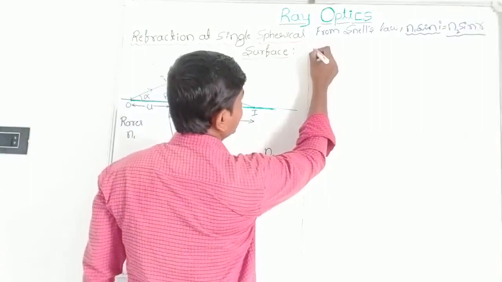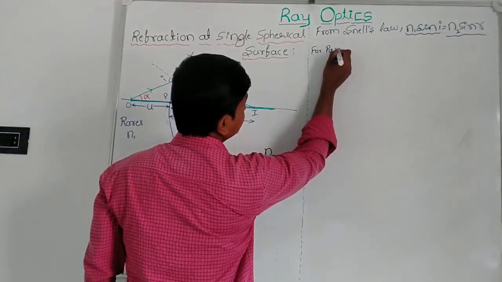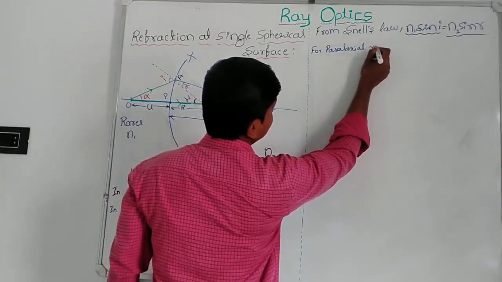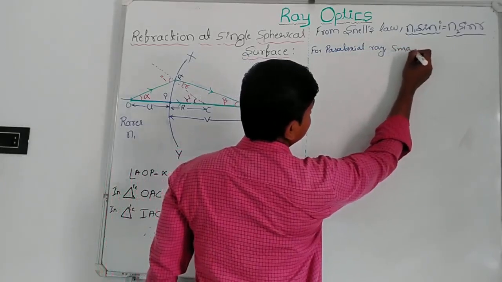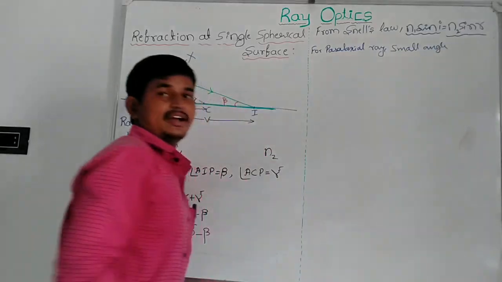So for a paraxial ray, the angle is very small.